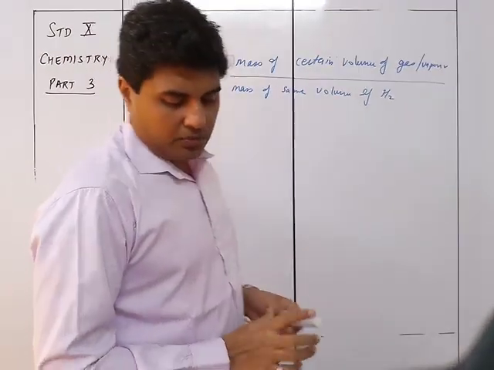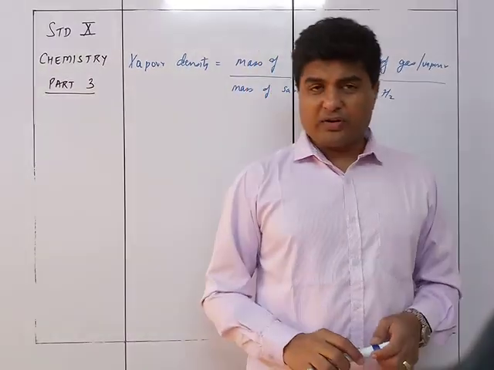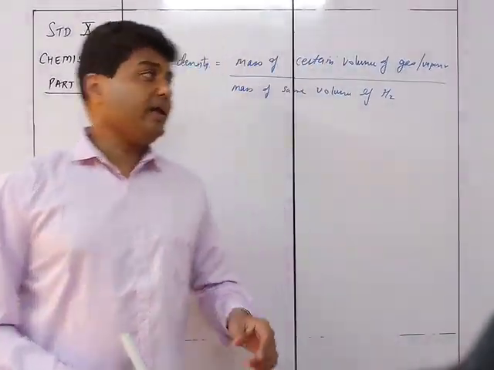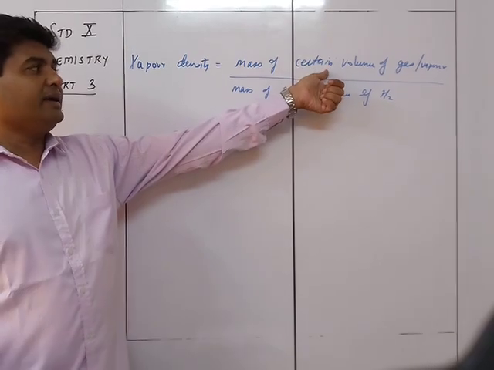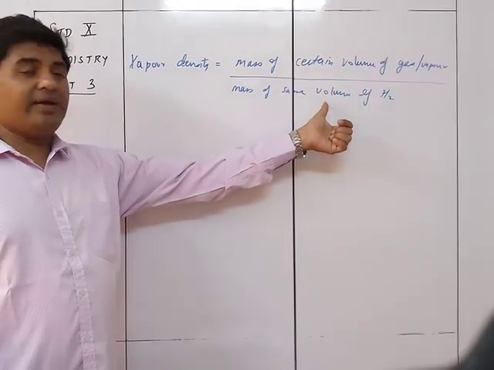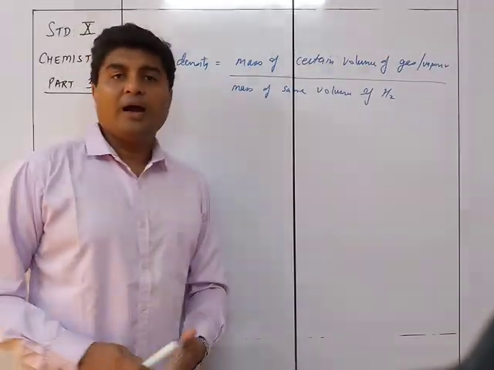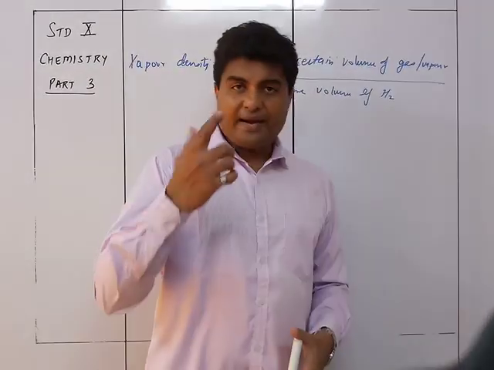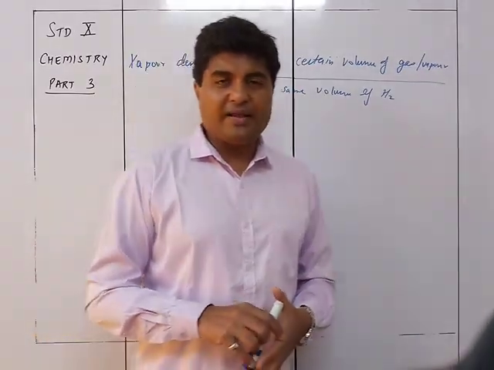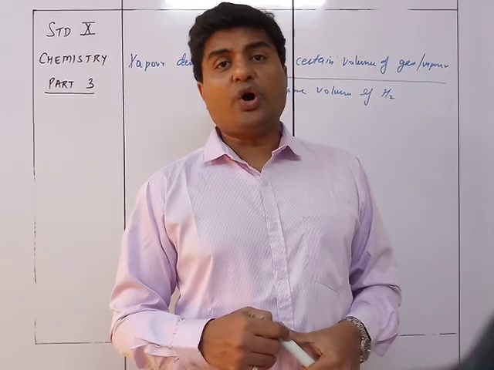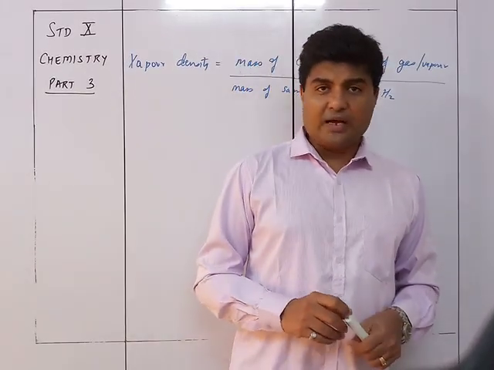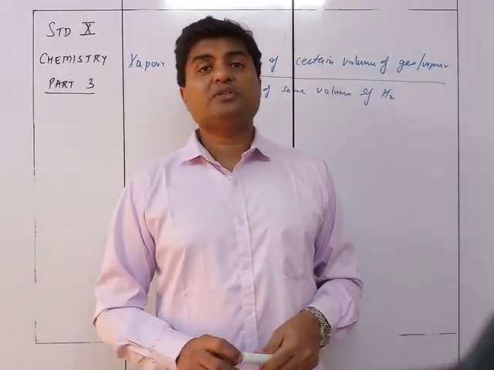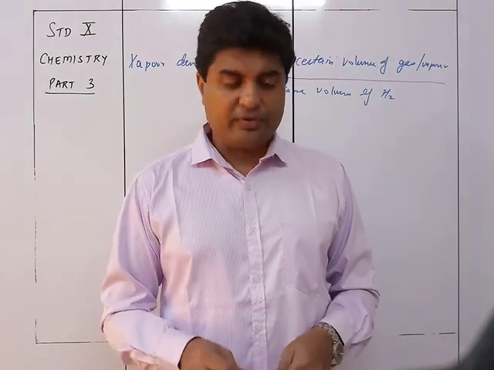Okay, so the mass of the same volume of hydrogen gas, meaning if I take 1 liter of gas, I'll have to take 1 liter of hydrogen gas. So that is the vapor density. The vapor density is the mass of a certain volume of gas upon the mass of the same volume of hydrogen gas.